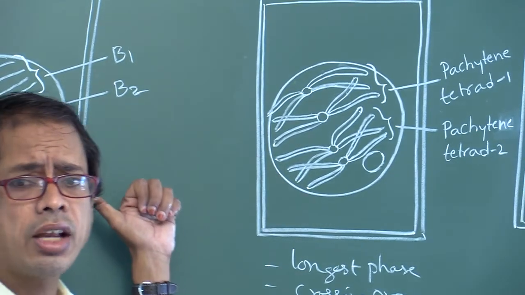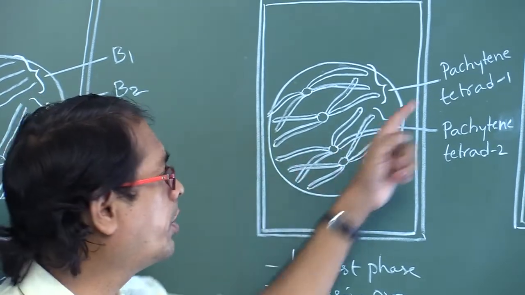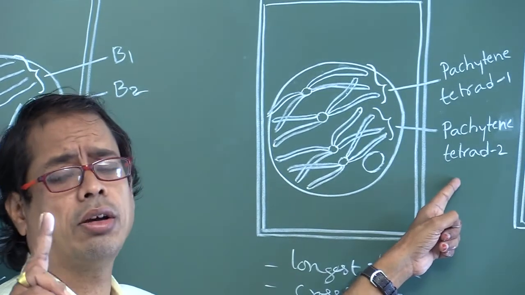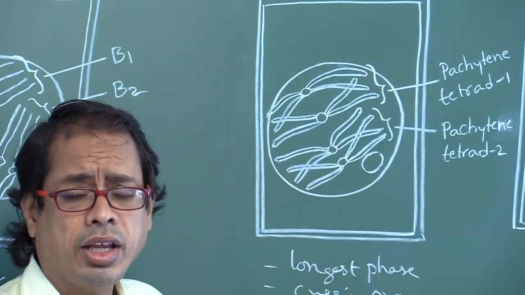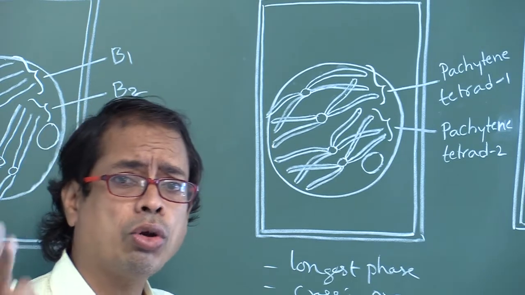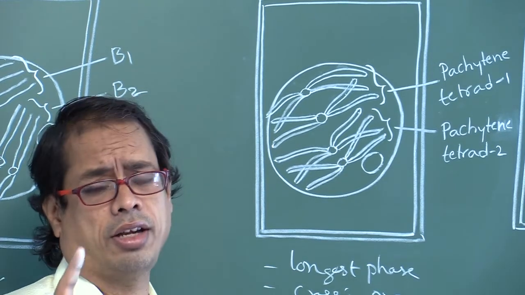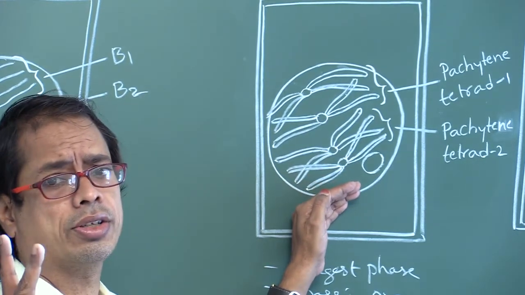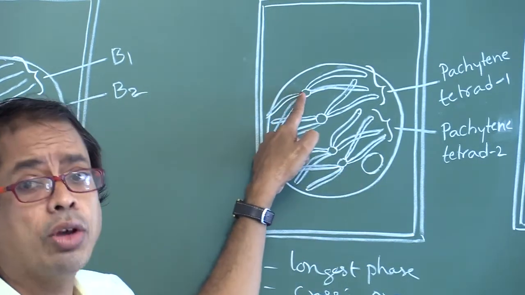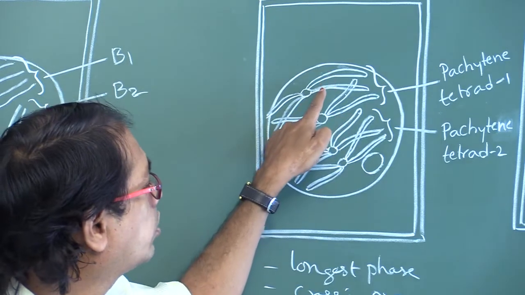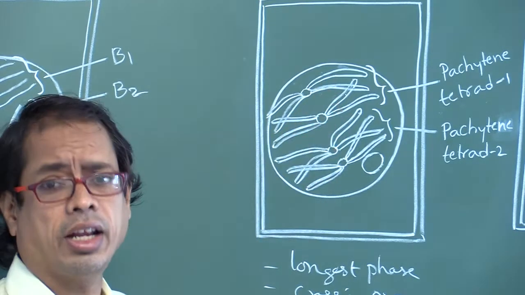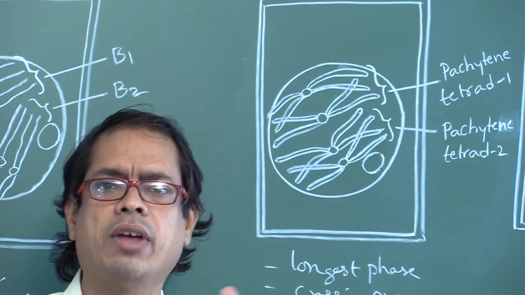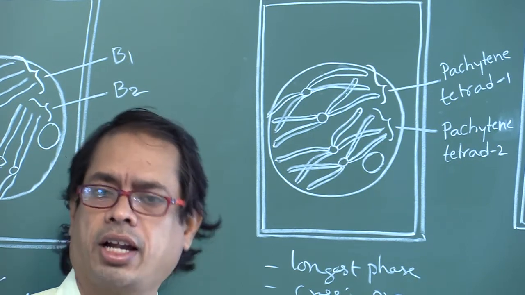Previously there were 2 bivalents, so there are 2 tetrads. Each tetrad contains 4 chromatids: 1, 2, 3, 4. The number of bivalents is equal to the number of tetrads.